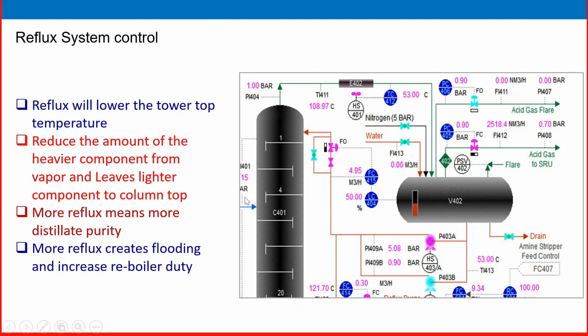If you maintain all these design parameters, we will get very little amine carryover, and we can get pure amine of around 98% purity inside the absorber, using the cascade control system that I have already explained. This cascade control system is used for level in the reflux system.